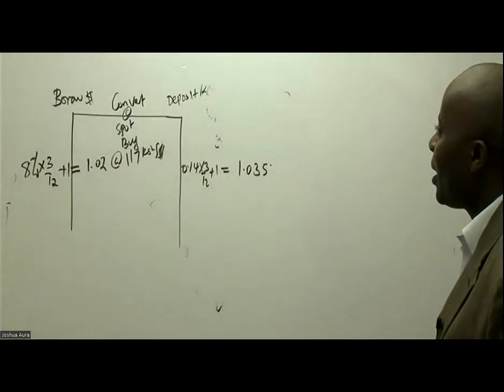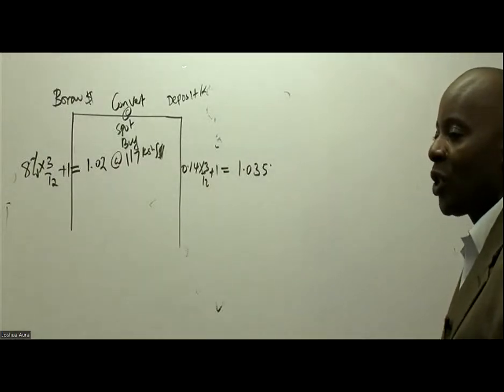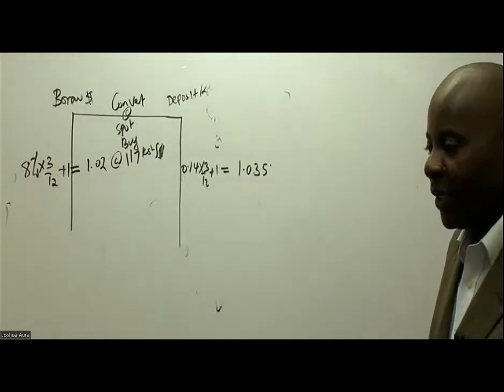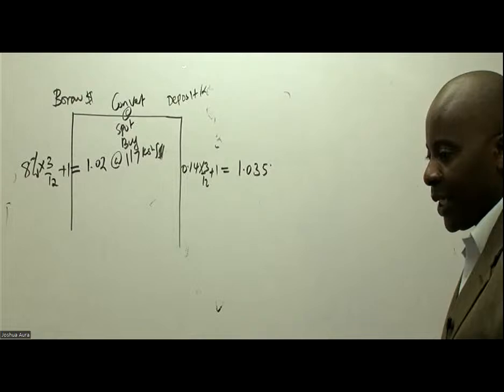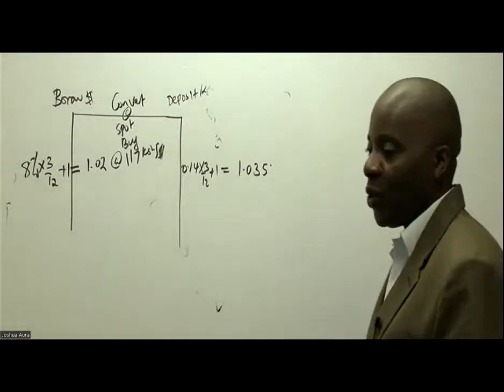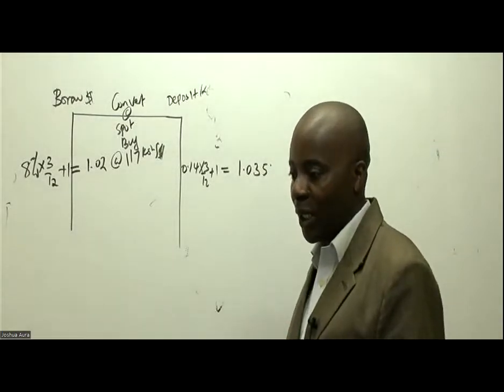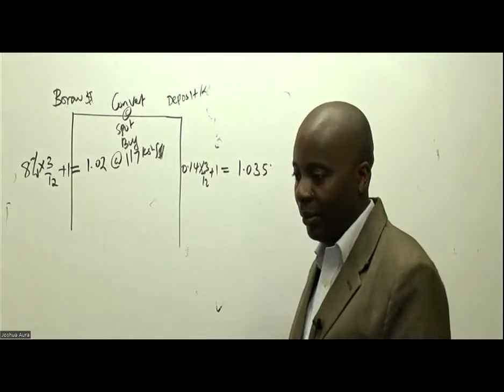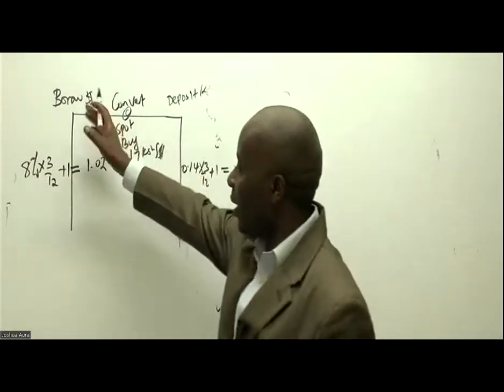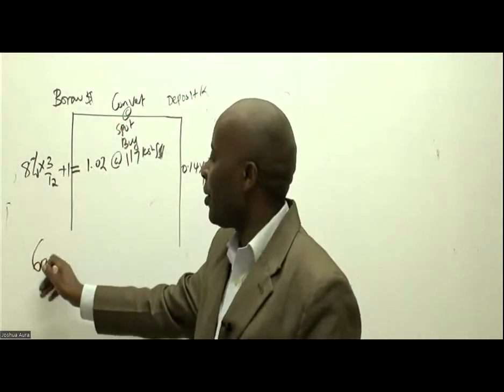Remember this gentleman is supposed to be receiving how many US dollars? Remind me the figure. 6 million. So where should I put these US dollars? They go on the dollar leg, 6 million US dollars.